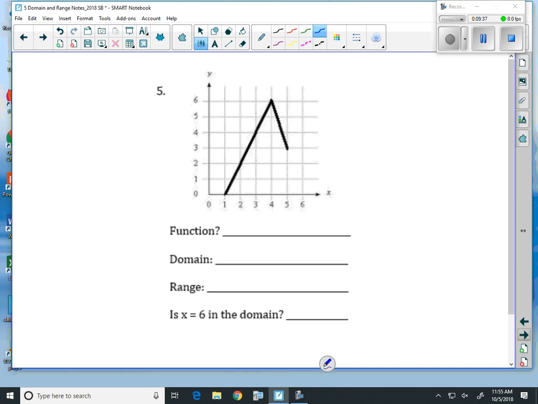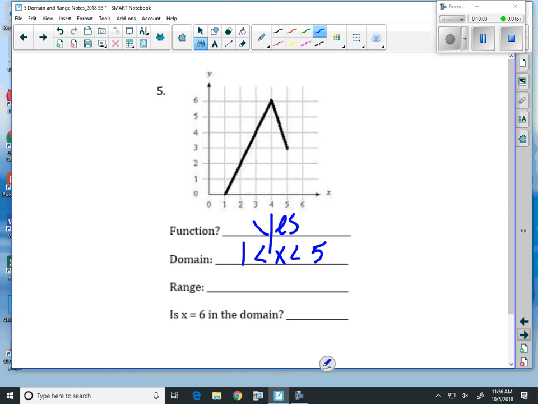Here, is this a function? Yes, that's a function. The domain. Where does the domain start? What's the lowest X value? 1. Where does it go to? 5. So this is how we write that. X is between 1 and 5. Now we have to decide, is 1 included on our graph?